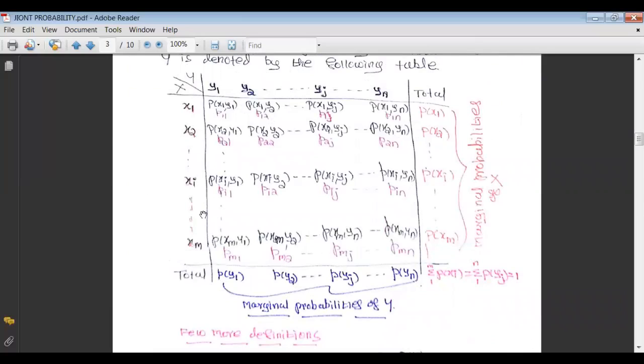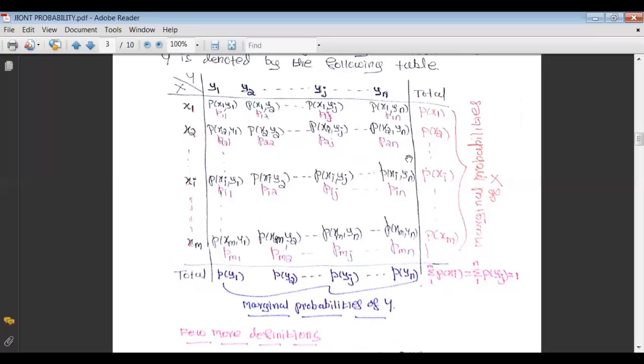Now let us go for the column totals. Let us denote the total of the first column as P of y1, the second column as P of y2, the jth column as P of yj, and the total of the nth column as P of yn, where P of y1 represents the probability that the variable y takes the value y1, P of y2 represents the probability that y takes the value y2, P of yj represents the probability that y takes the value yj, and so on.